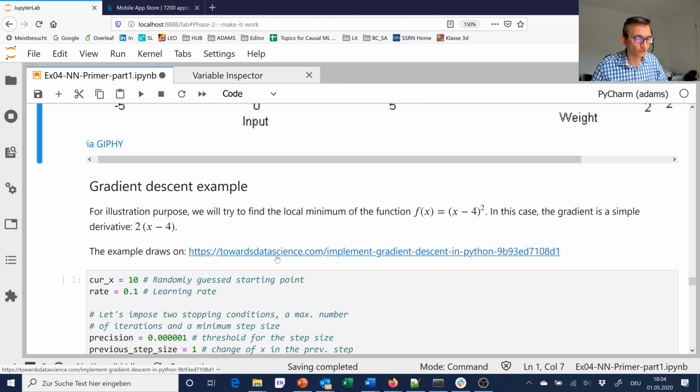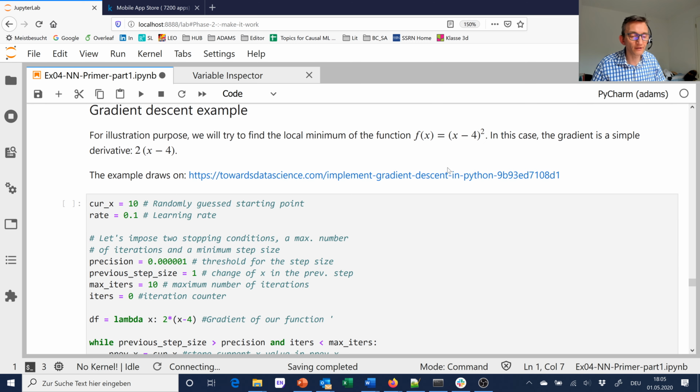I found this example at towardsdatascience.com and slightly changed and polished it for the sake of this tutorial. Have a look at that. It's super easy to do gradient descent with this example. It's maybe useful to do it with this simple example because the overall steps are just the same.